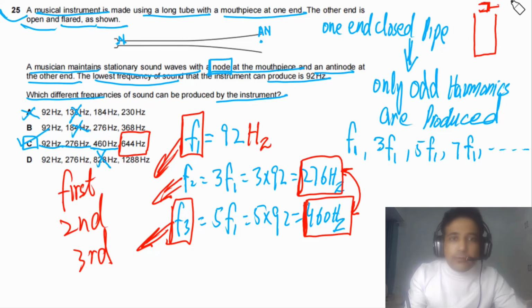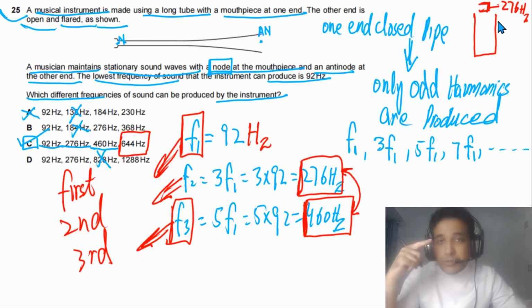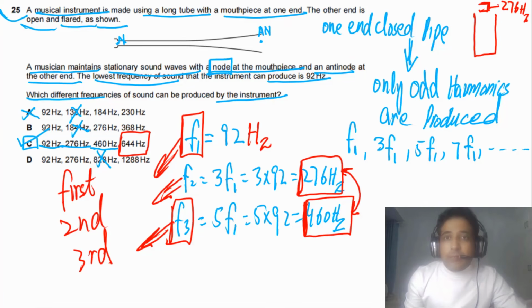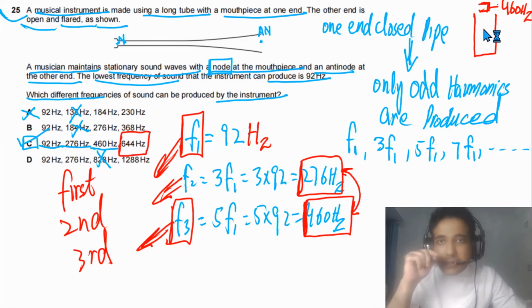The next tuning fork must have this frequency, and if the frequency of the next tuning fork is equal to this one, again we will hear the loudest sound. And then again, if we change the tuning fork and use one which has a frequency equal to 460 Hertz, again resonance will take place and a stationary wave will be formed inside this pipe, and we will hear the loudest sound.